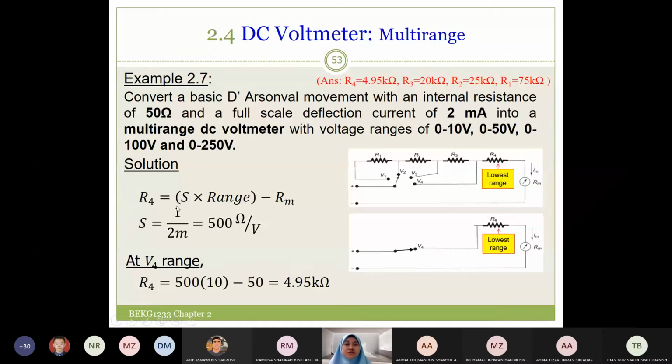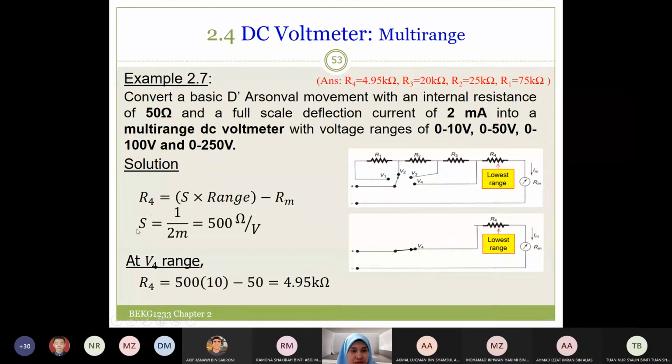R4 is equal to, if we go to the basic calculation of a DC voltmeter, RS is equal to S times V range minus RM. So R4 or RS4 is equal to S times V range minus RM.